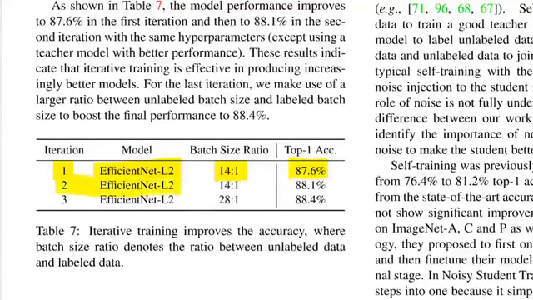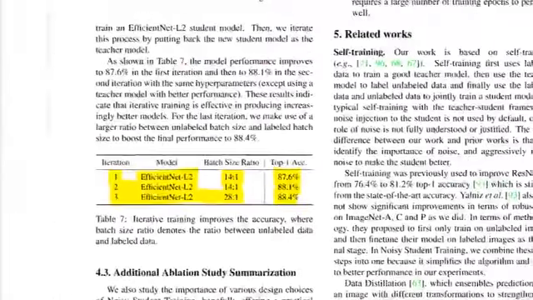Then you iterate again with the same batch size, and you get like a 0.5% improvement, and you iterate again with an even larger batch size, and you get a 0.3% improvement. So there's diminishing returns, but still you can see that with the introduction of noise, with the introduction of the larger model, with the introduction of the larger batch size, these are all things that help the student basically become better than the teacher.